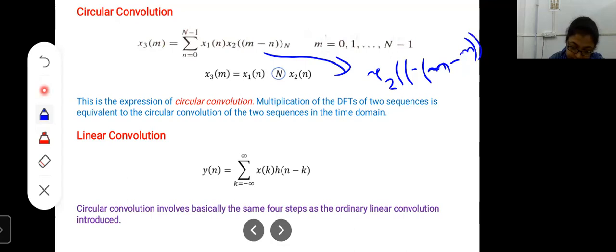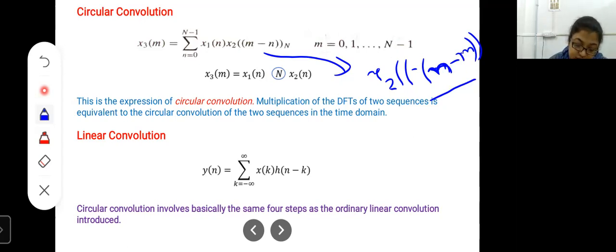When the minus sign is there, it represents reversing the time sequence. So the first step is reversing. Then the double bracket, when I write n minus m, represents circular shift. So the next step is the circular shift.